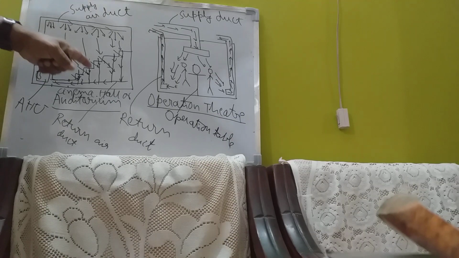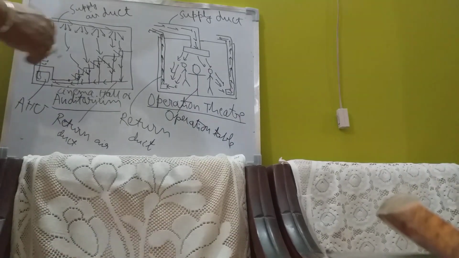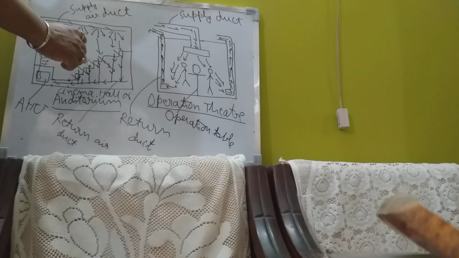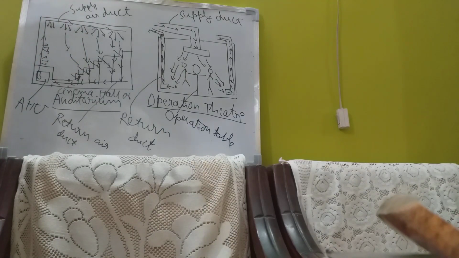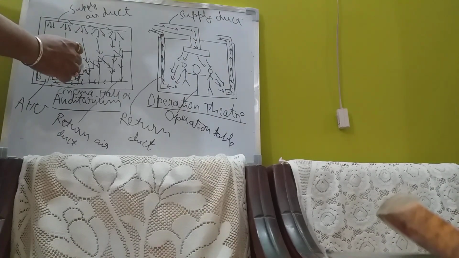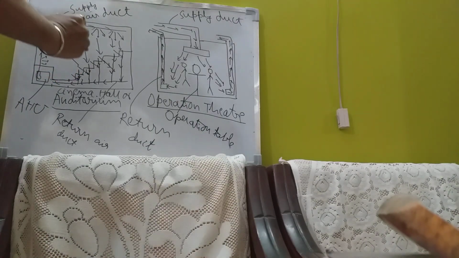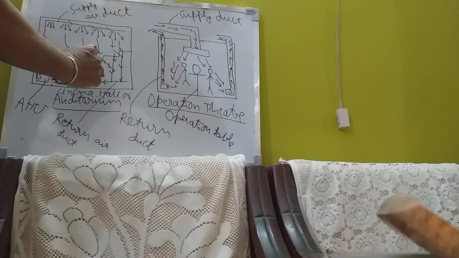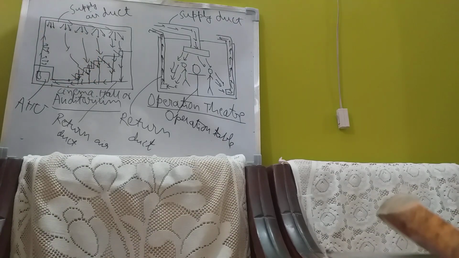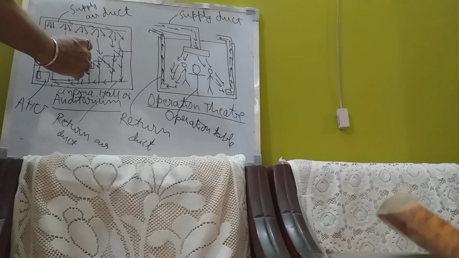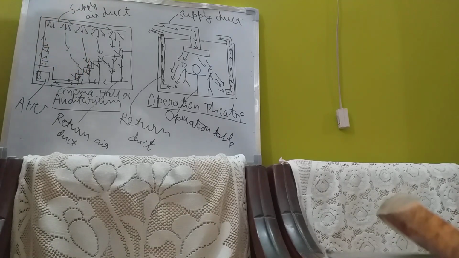At your footstep, where you are sitting in the cinema hall, there are small diffusers, return air diffusers. You have gone to the cinema hall, but you have not taken care of them. Or there are small setups below the seat. Here is the chair, here is the chair, and below the seat there is a small setup of air, a small diffuser below the seat.